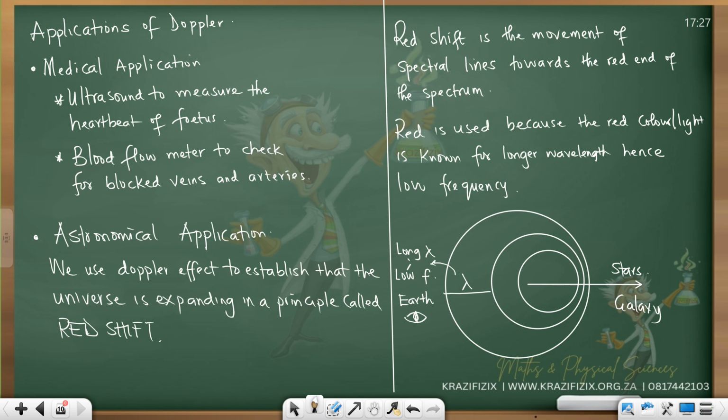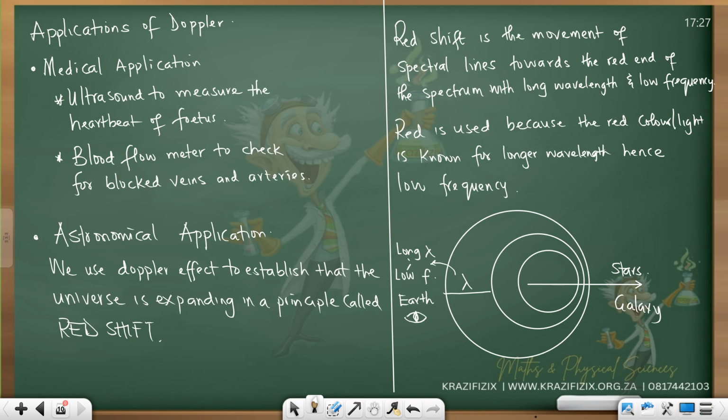That's where the word red shift comes from. It's not that we are going to see red. All right? So red shift is the movement of spectral lines towards the red end of the spectrum, with long wavelength and low frequency.